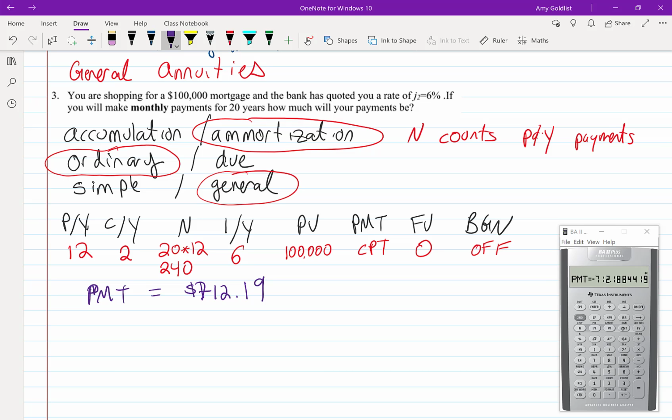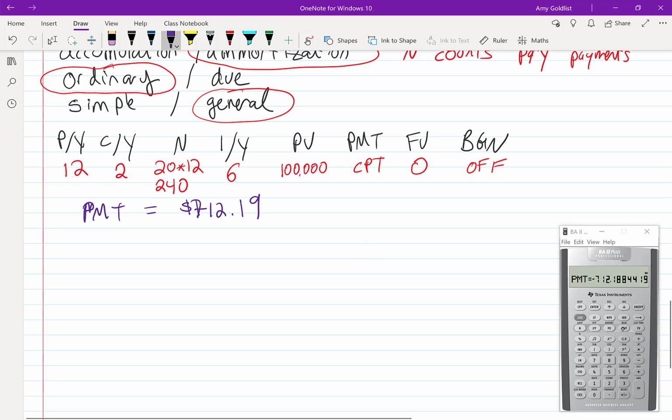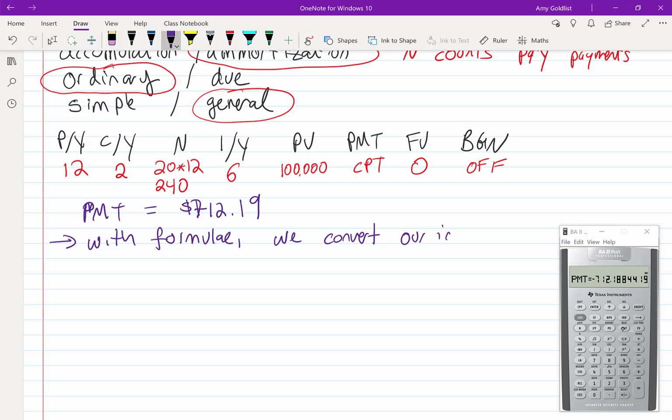Let's talk a little bit more about general annuities. When we're using those formulas, what we do is we convert our interest rate to an equivalent one, so that we have PY equals CY.